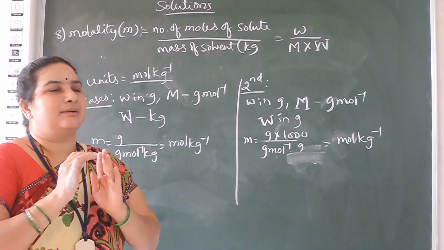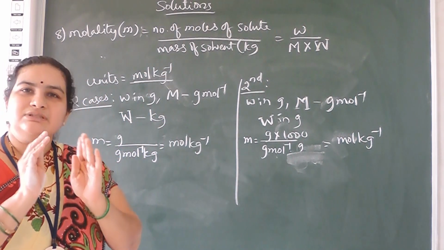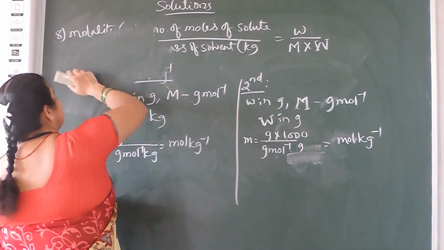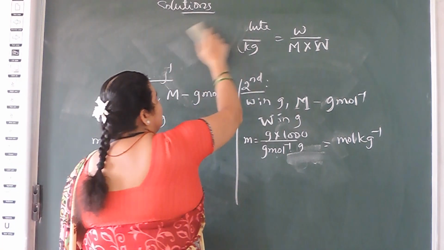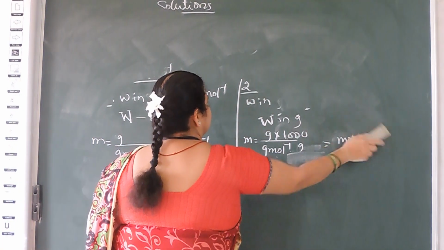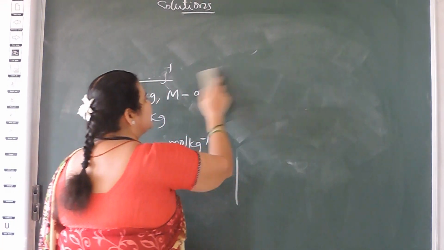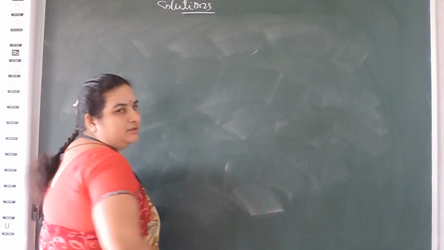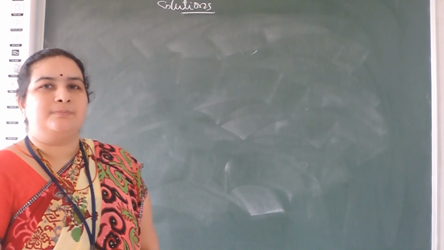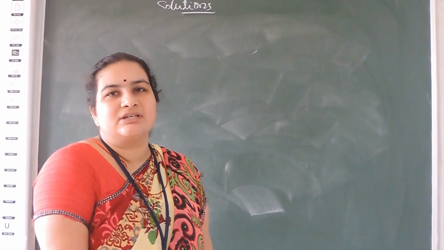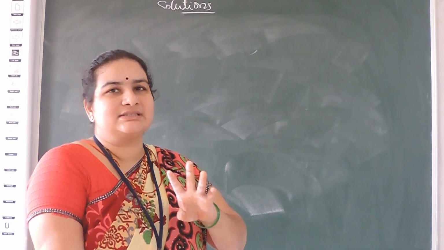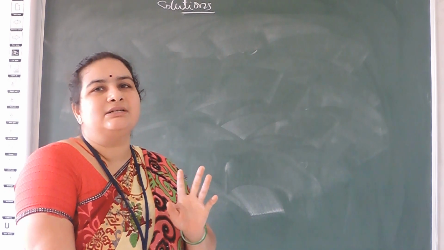Now the next part is to tell which quantities are temperature dependent and which are temperature independent. In the last year you studied that some quantities, like volume and entropy, are temperature dependent, and mass, density, and refractive index are temperature independent quantities.